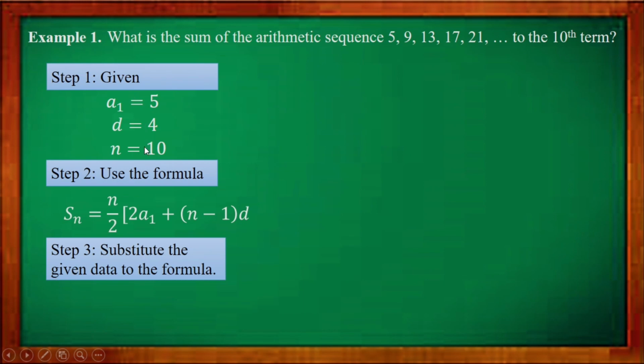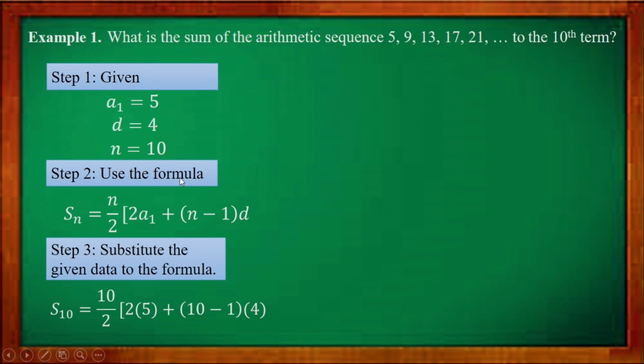So we will have S sub n, replace the value of n which is 10, equals n again is 10 over 2 times 2 multiplied by the first term which is 5 plus n again is 10 minus 1 times the common difference which is 4.